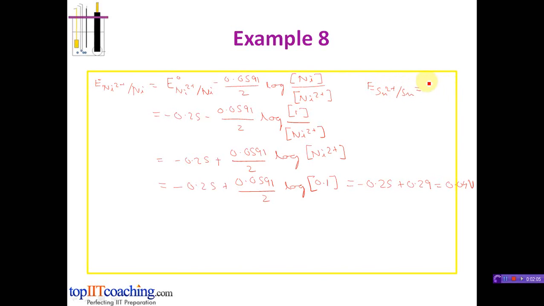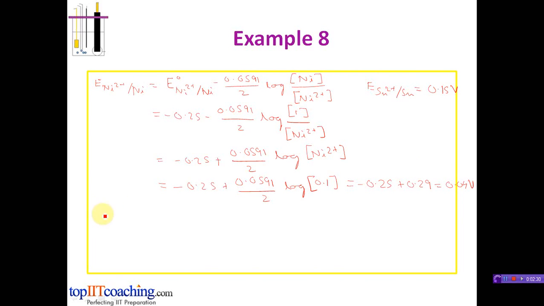Now the EMF of the earlier cell that we calculated, that is E of Sn2+/Sn, was equal to 0.15 volt. Since the reduction potential of tin is higher, it will get reduced and form the electrode of the galvanic cell where reduction takes place, that is the cathode.